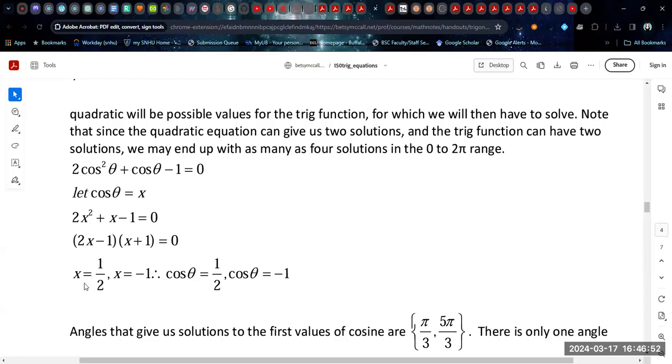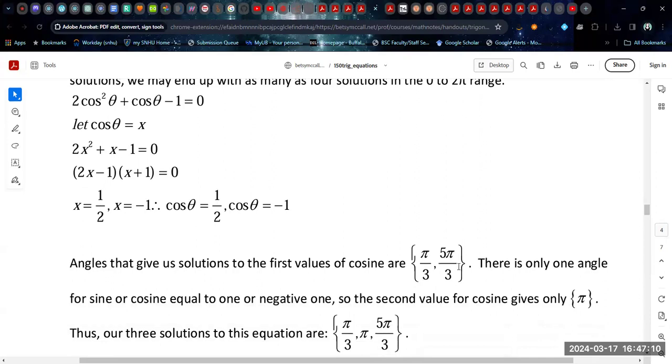for x. So here I get x equals 1/2 and x equals minus 1, which means that my cosine values are 1/2, or cosine is negative 1. Now, the 1/2 solutions are going to give me the possibility of pi over 3 and 5 pi over 3.